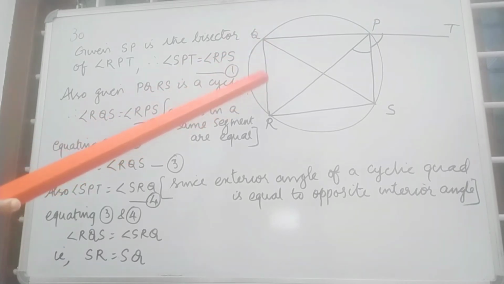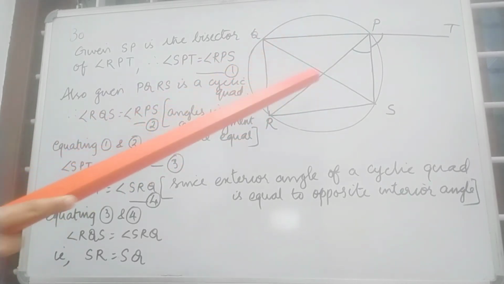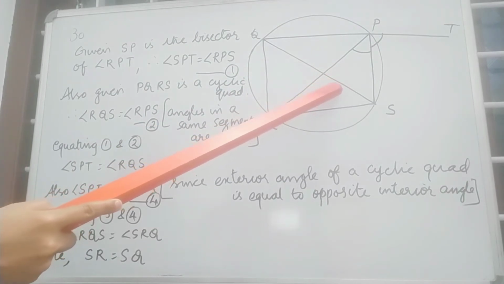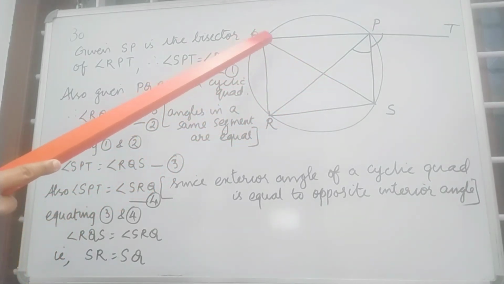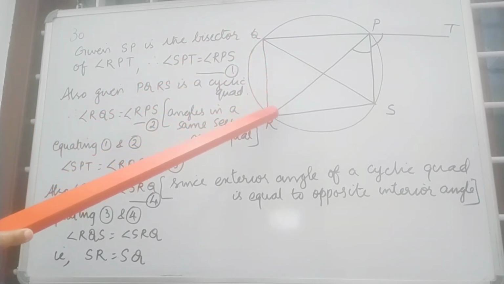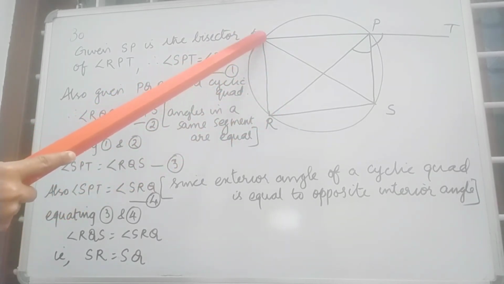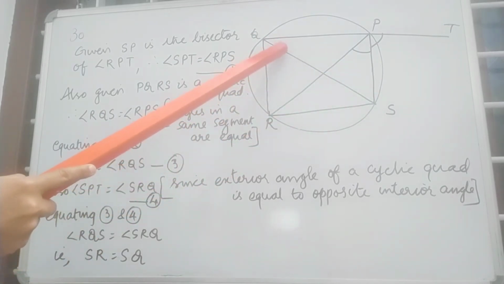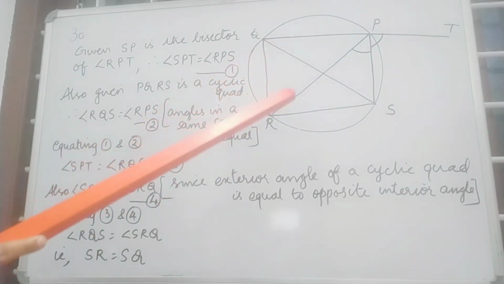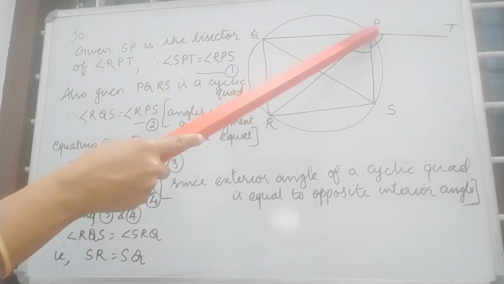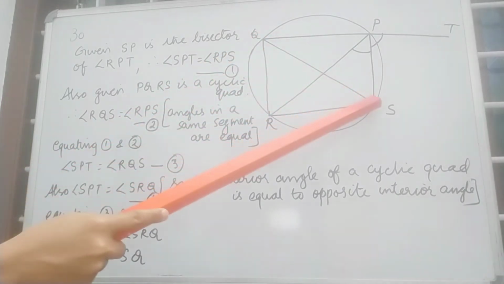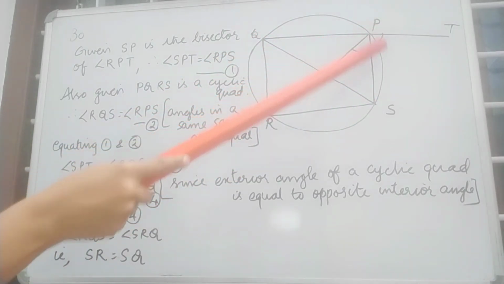Also given PQRS is a cyclic quadrilateral. Since PQRS is a cyclic quadrilateral, look at angle RQS and angle RPS.